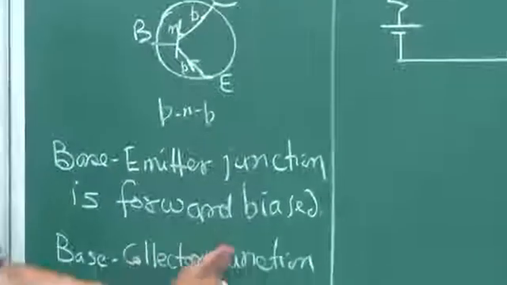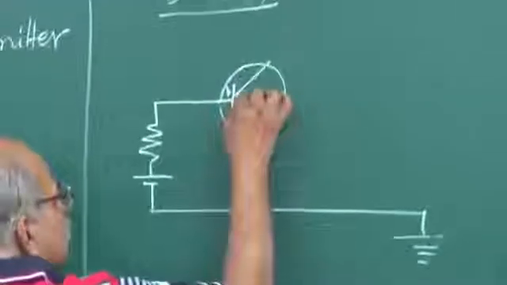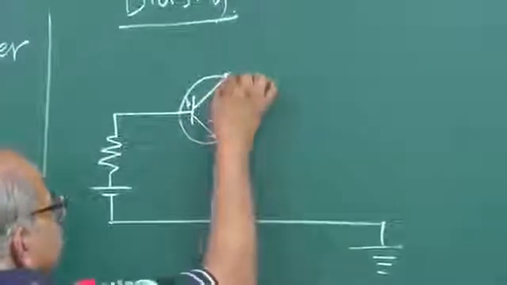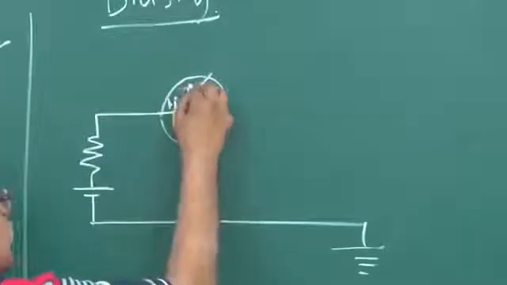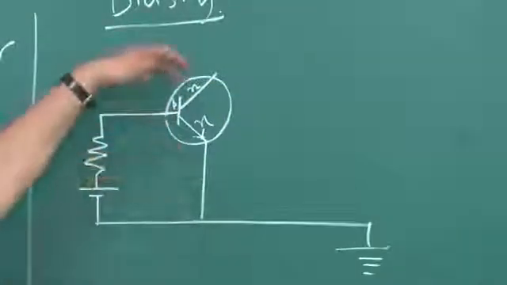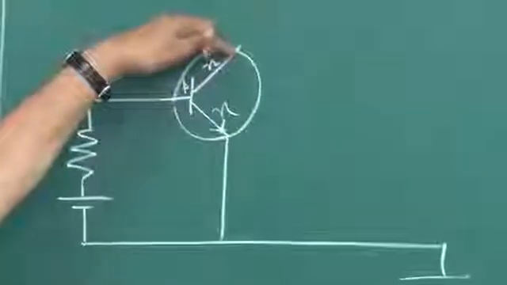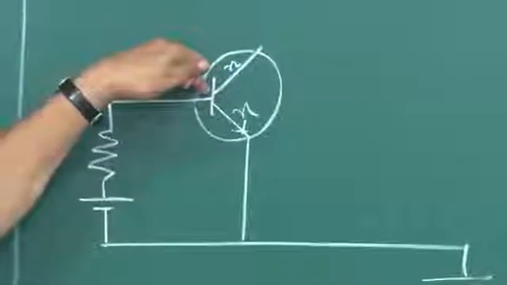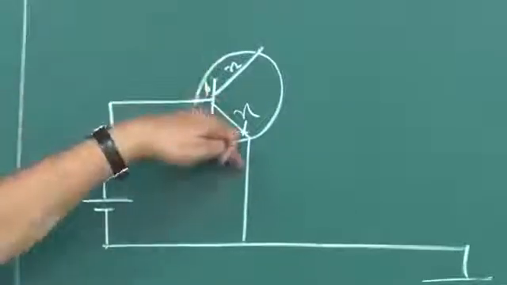And then base collector junction should be reverse biased. So here is the base and here is the collector, and this has to be reverse biased, and remember this is N, this is P, then this is N. So this N side should be at a higher potential than this P side, and this is at a higher potential than this emitter.